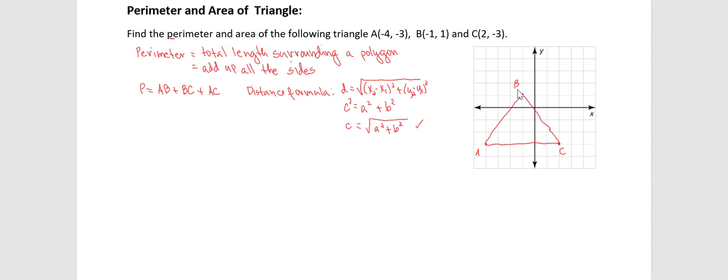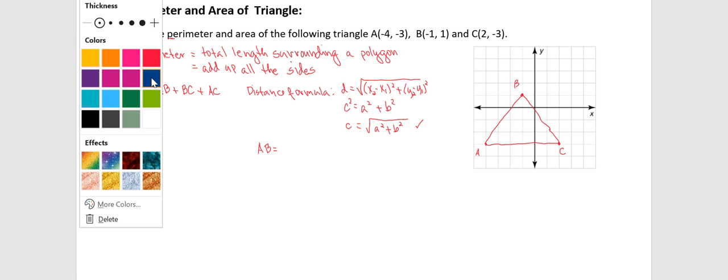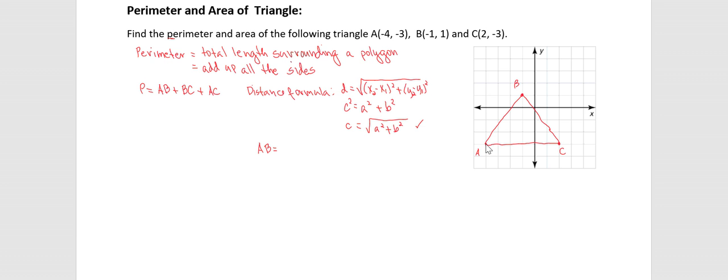So for our side AB, we can draw the right triangle starting from point A, 1, 2, 3, 4 units down. Since it is a length, we do not need any sign.